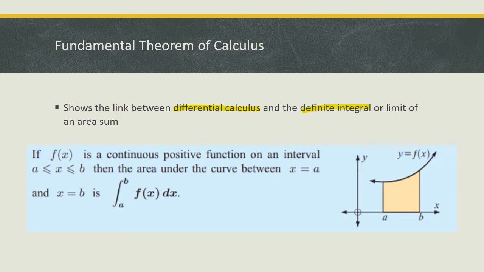What the fundamental theorem of calculus essentially states is that the area between B and A is also equal to this equation as well, right over here. So using this definite integral, you can find the shaded region in the function between the 2 points, or rather the area under the curve.